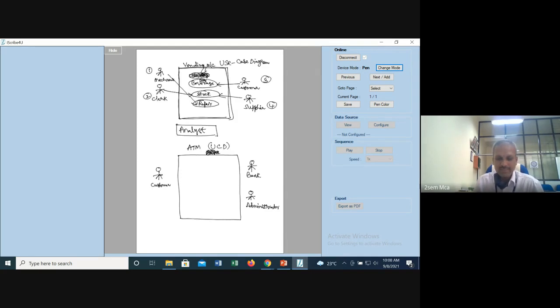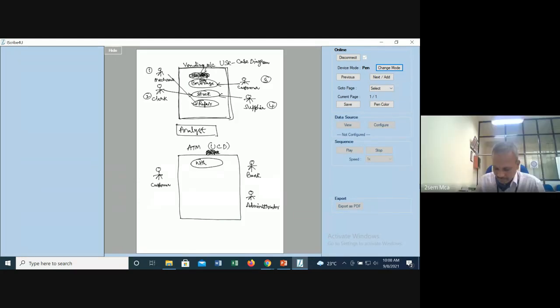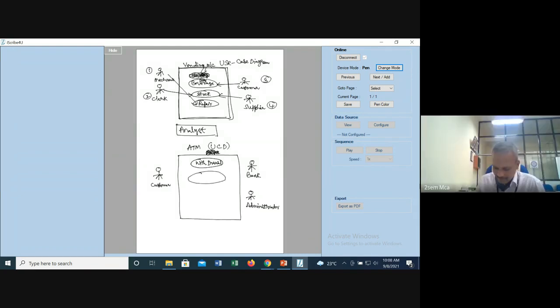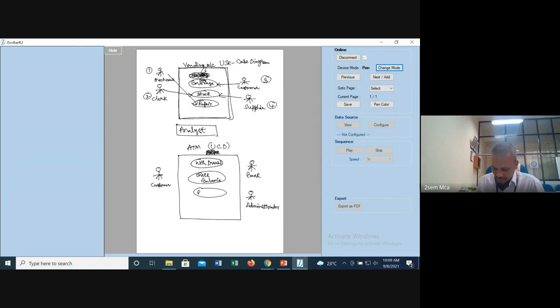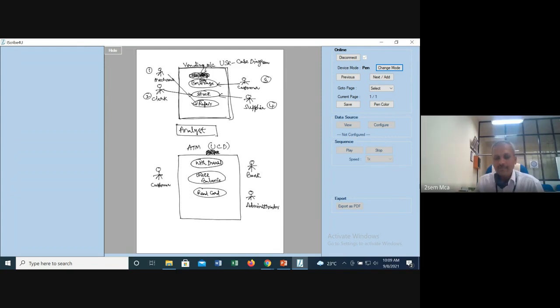Now, what are the use cases in ATM? Withdrawal, sir. Check balance. So let us write verbs. Read card. Authentication. Okay, read card only. We'll write one simple use case.